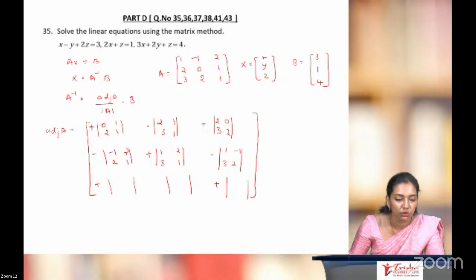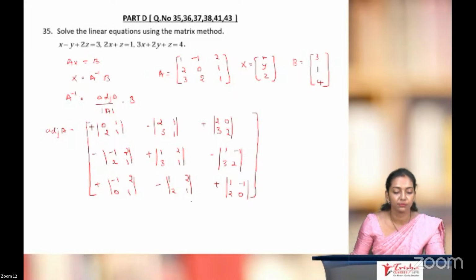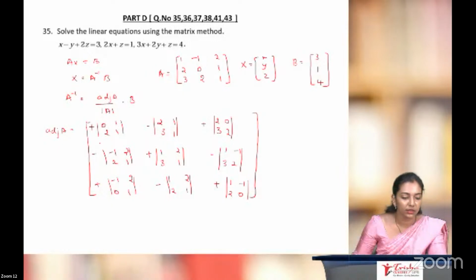So minus 1, 2, 0, 1. Here it is minus. Next you have 1, 2, 2, 1. Next you have 1, minus 1, 2, 0. So these are the matrices.